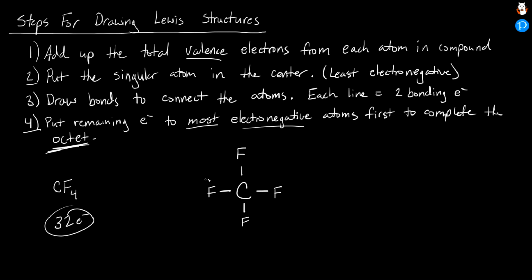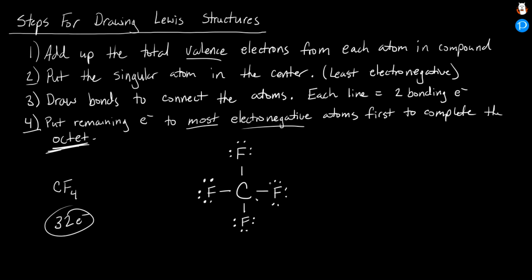And so what I'm going to do is put the remaining electrons that I've got, 2, 4, 6, 2, 4, 6, 2, 4, 6. So now I've shown that each fluorine has 2, 4, 6, 8 electrons around it.